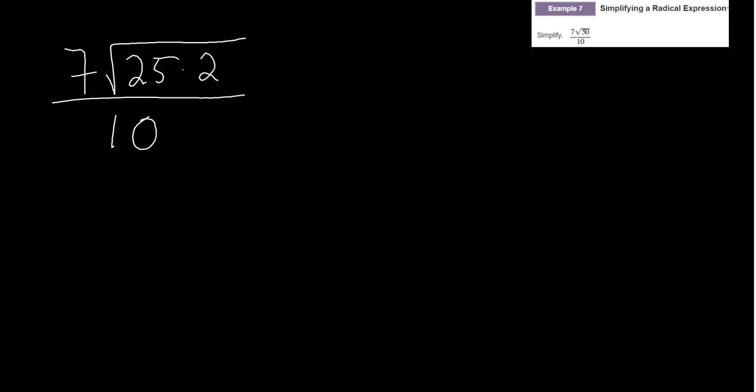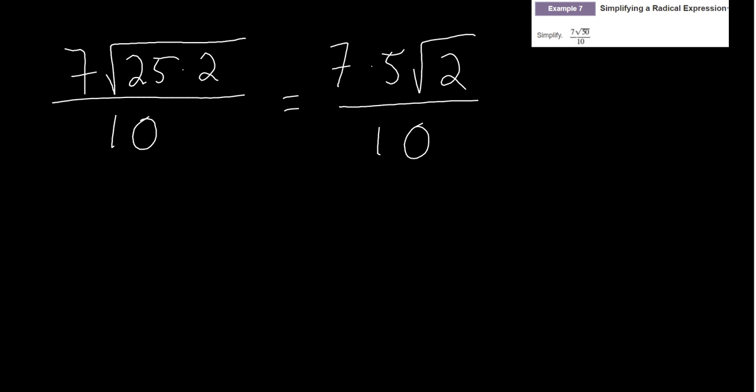I can rewrite this as 7 times 5, because the square root of 25 is 5, on the square root of 2 all over 10. 7 times 5 is 35, so I have 35 on the square root of 2 all over 10.